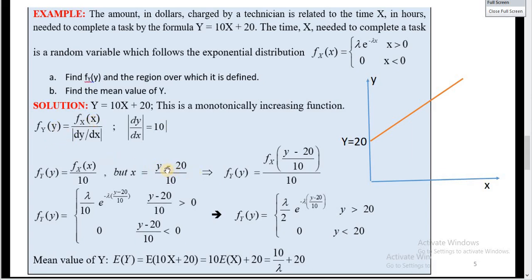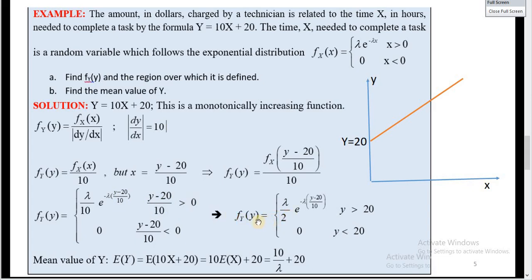So x equals y minus 20 over 10, which means that f sub y of y equals the density function f of x, where instead of x we make the substitution y minus 20 over 10, divided by 10. We take this function, lambda e to the minus lambda x, and instead of x we substitute y minus 20 over 10, with y minus 20 over 10 larger than 0.